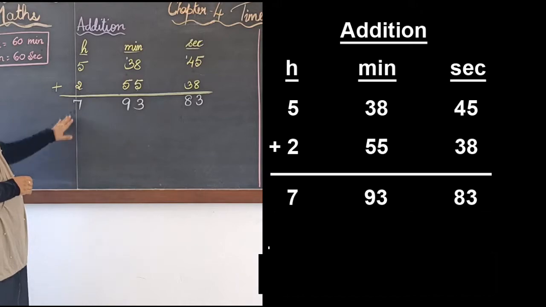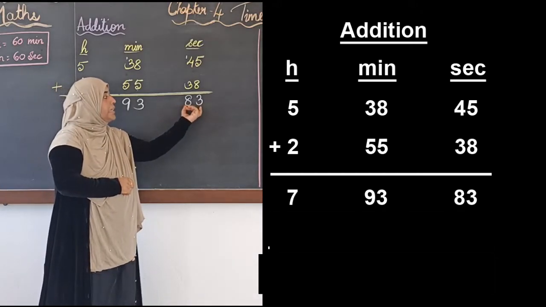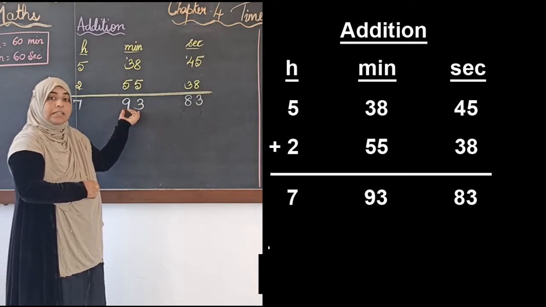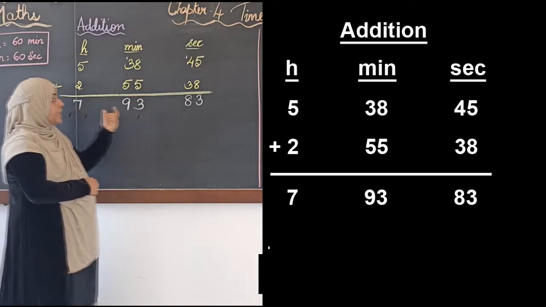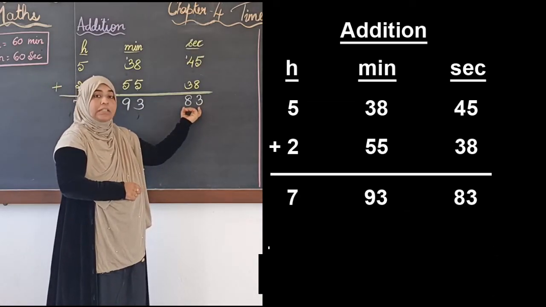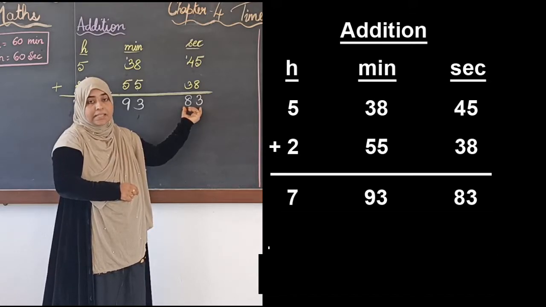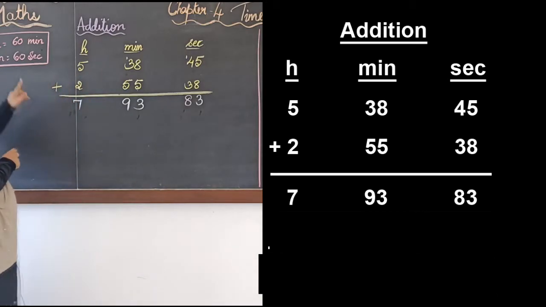Now when we look at the answers, we have 83 seconds, 93 minutes and 7 hours. When we say 83 seconds, we can change this to minutes and seconds, because 60 seconds is equal to 1 minute.